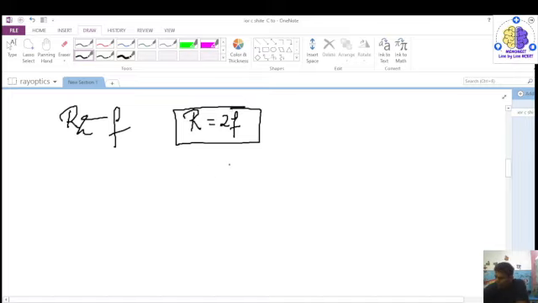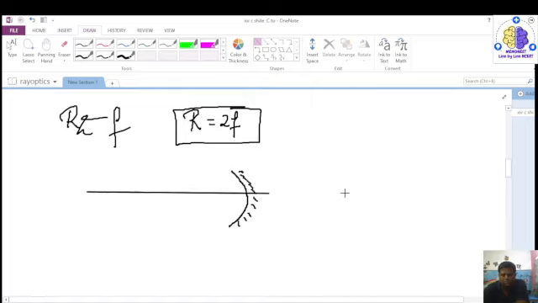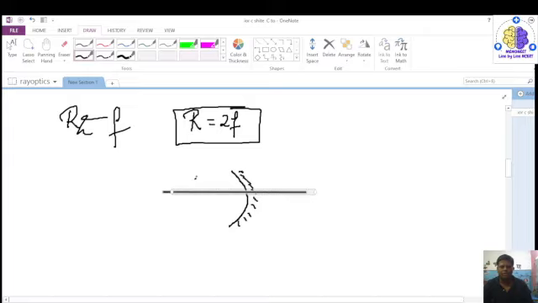So simply, if I draw the ray diagram, this is a concave mirror and this is the principal axis, right?